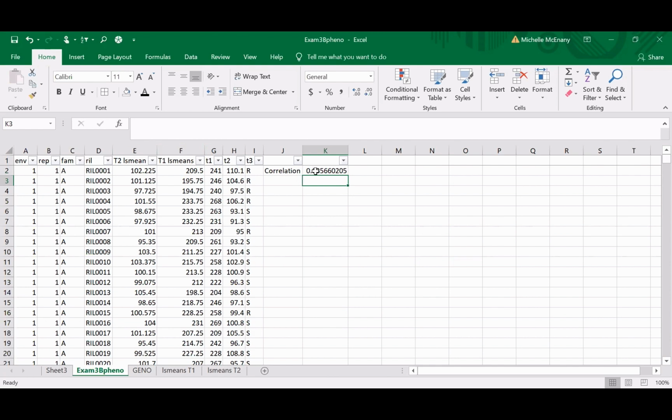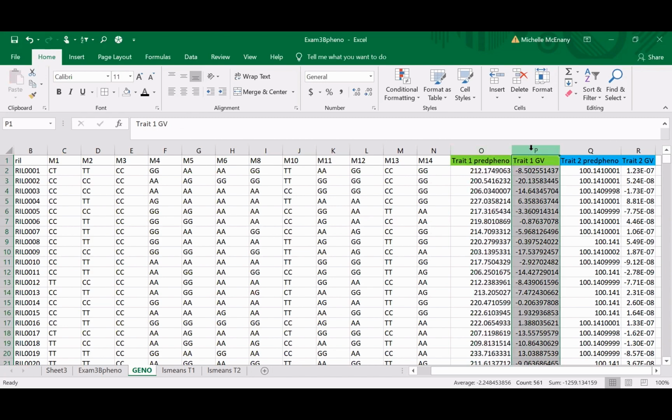The only thing I have is the minus 8.5 for one, and for two, it is 1.23 E minus 0.7. So those are the two that I got. But I don't have the trait 1 predicted phenotype. So I think that was the very last part of the code you have to do, to write out the original data along with the predicted phenotype.